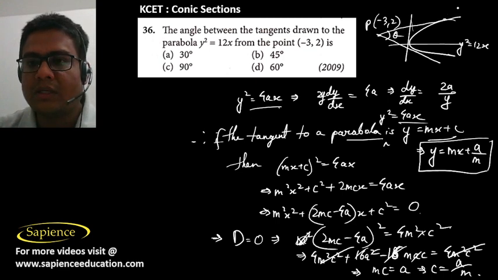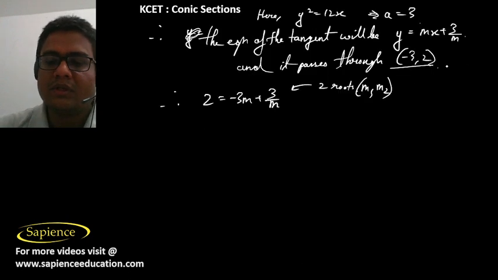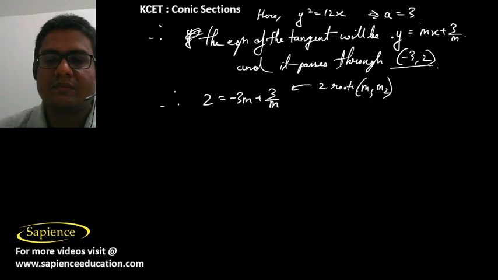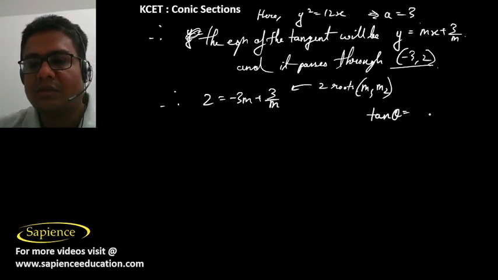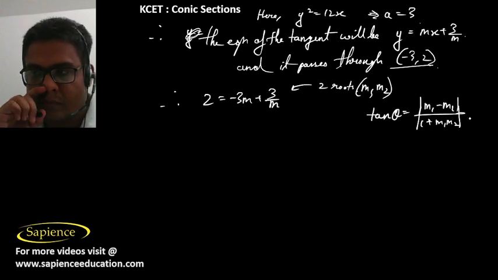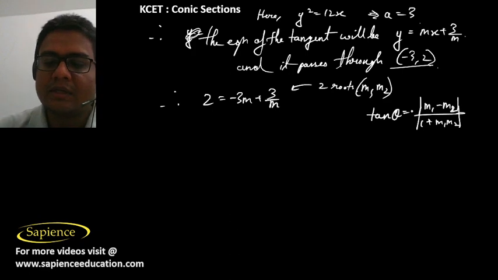One of the roots will give us the slope of one of the tangents, and the other will give the slope of the other tangent through the same point P. So if we need to find the angle in between these two tangents, then tan theta will be equal to mod of m1 minus m2 by 1 plus m1 m2, if theta is the acute angle in between these two tangents.